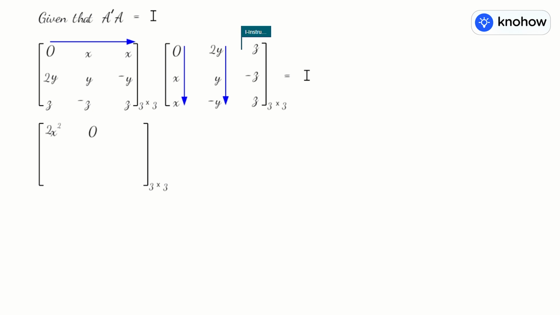Continue multiplying with the third column. You get 0 and minus xz plus xz, so that will be 0. And now repeat the process with the second row.